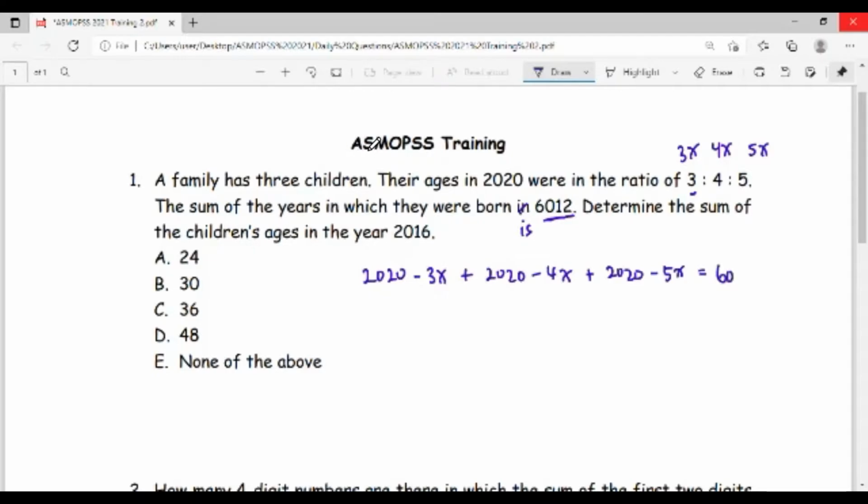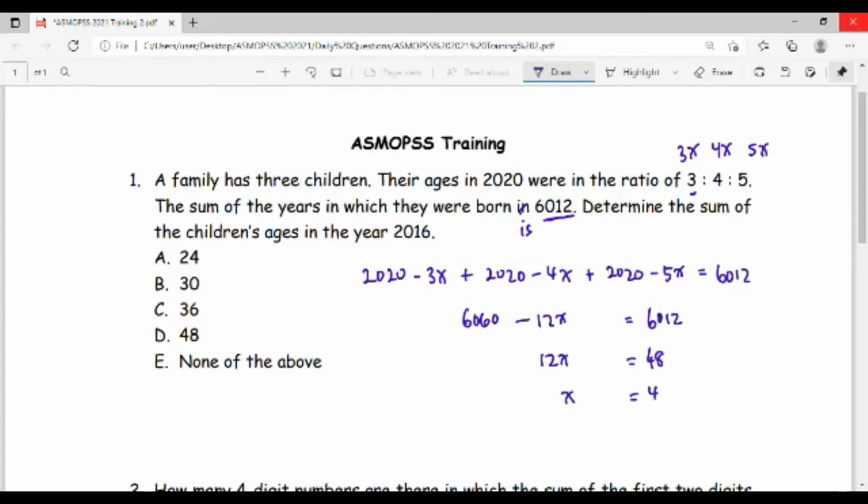That is equal to 6012. If we simplify the equation, it is 6060 minus 12x equal to 6012. Then we can say 12x is equal to 48, so x is equal to 48 divided by 12, that is 4.